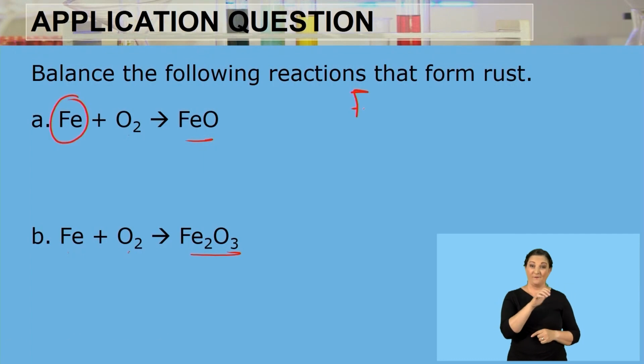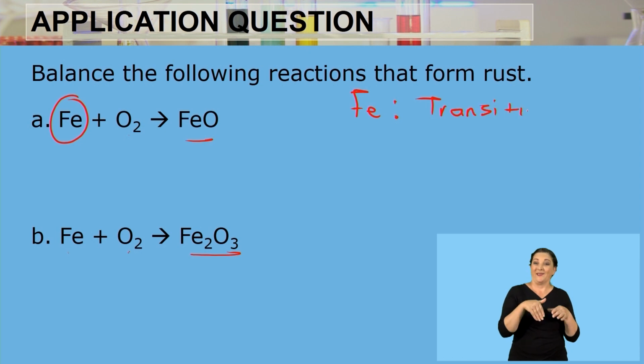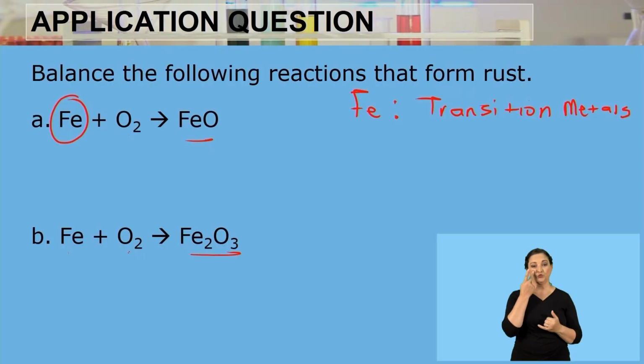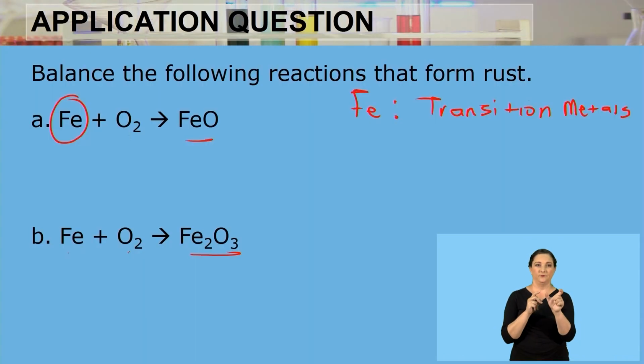The reason is iron. We need to remember that iron, Fe, is on the periodic table part of the transition metals. That means iron can exist in different oxidation states. We can have iron 1, iron 2, iron 3. In the first equation we have used iron 1, so the ratio when it reacts is going to be 1 iron to 2 oxygen.